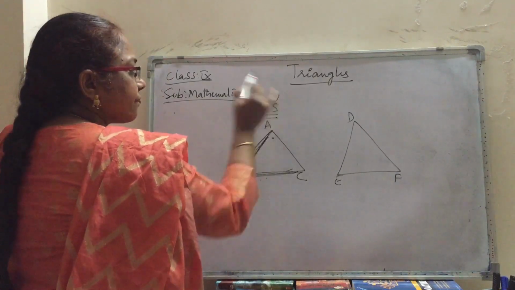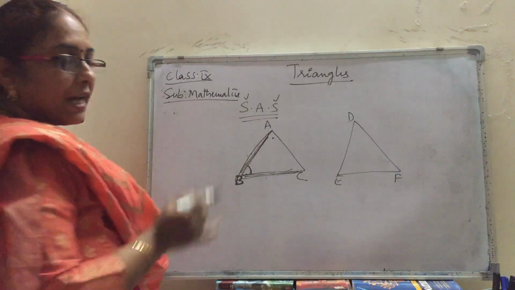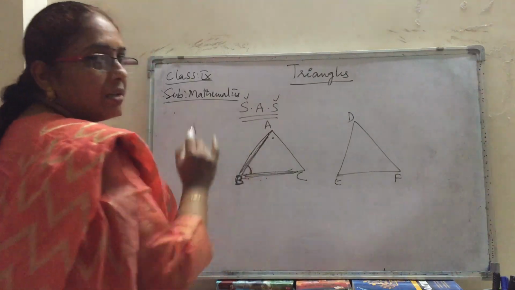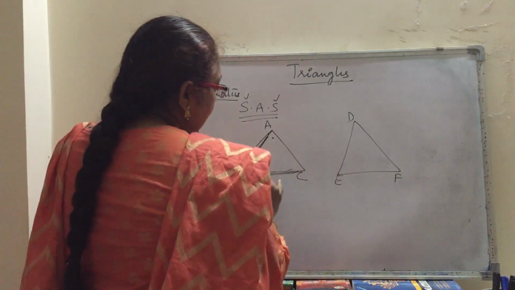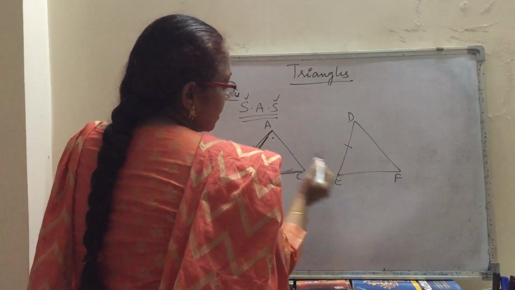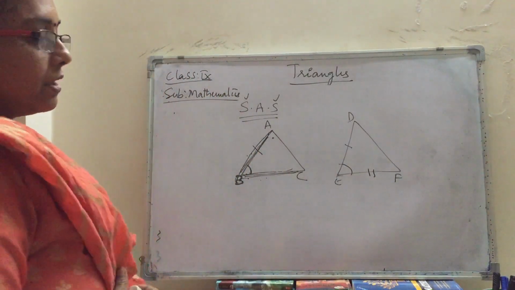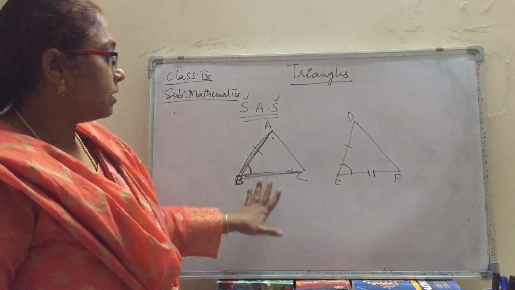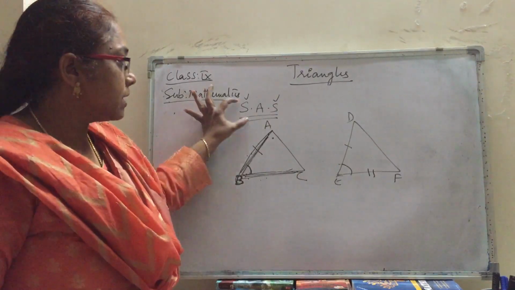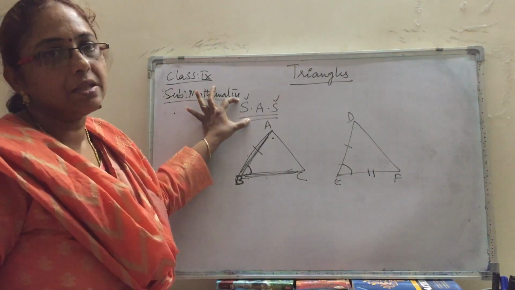Here, two sides and the included angle of one triangle are equal to the corresponding two sides and included angle of another triangle. If they are equal, then these two triangles are congruent by using this SAS congruency rule.